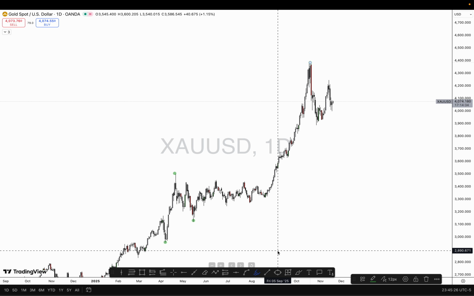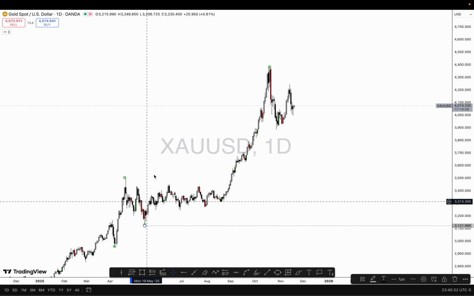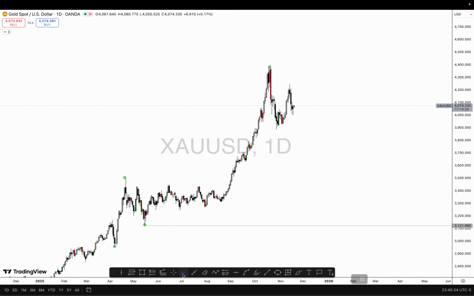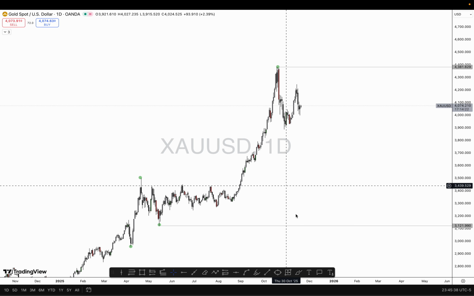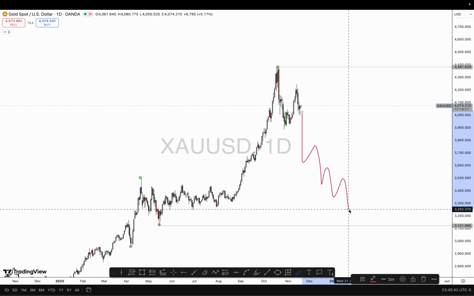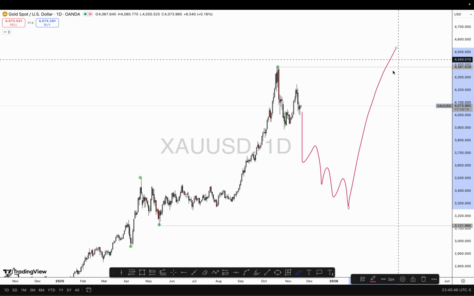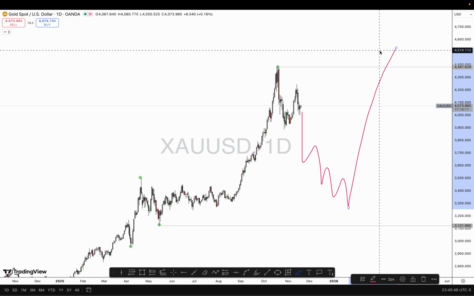So this would be the daily range on gold. This is the last low and this is the last high. So for all we know, gold could pull back anywhere inside here and make its lower high to go ahead and make its higher high.